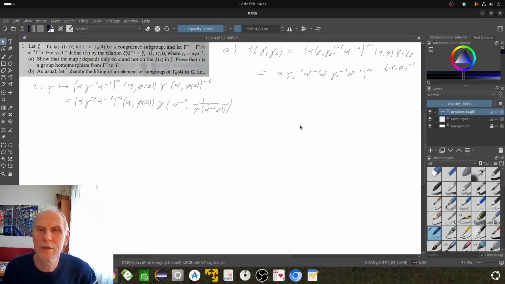That's a little weird. So we need to show that it's equal to alpha gamma 1 minus first, alpha minus first, I would just call this psi.